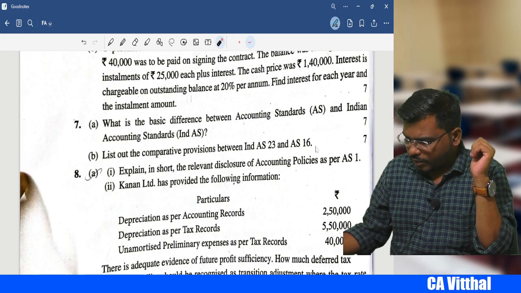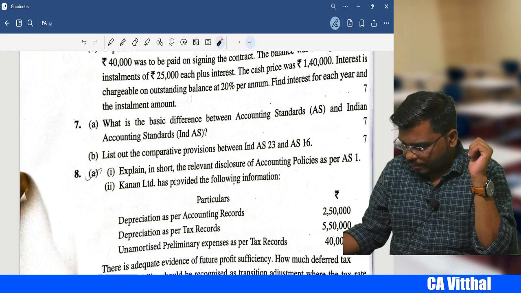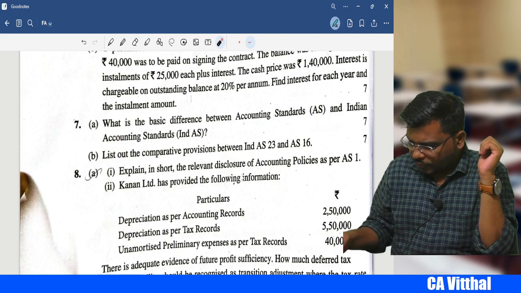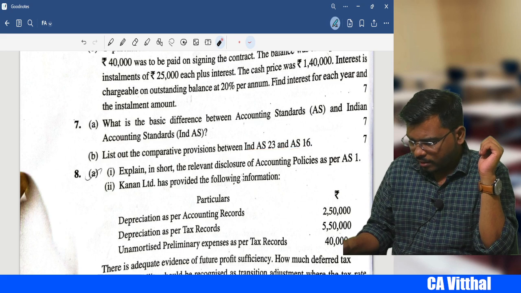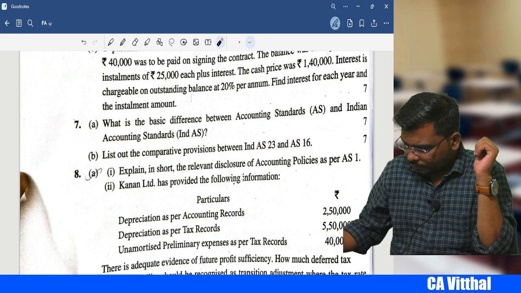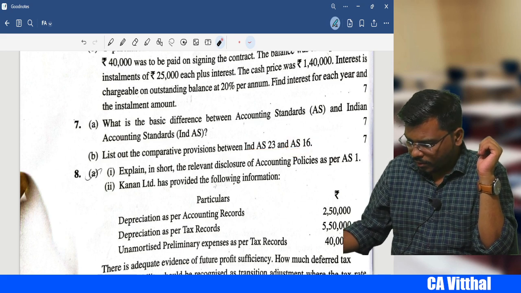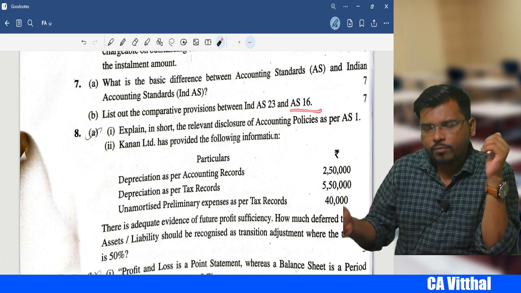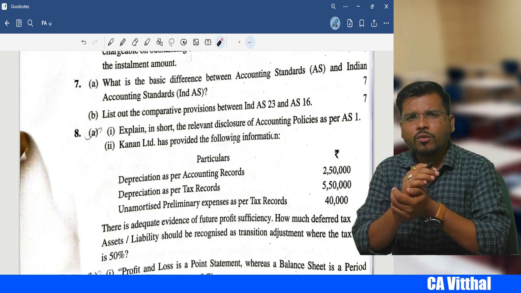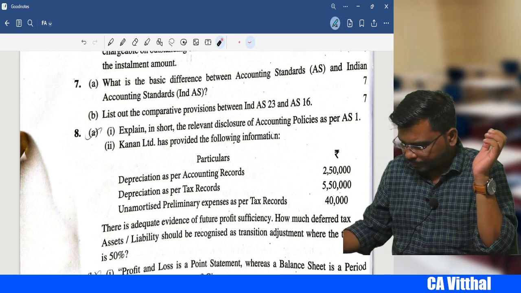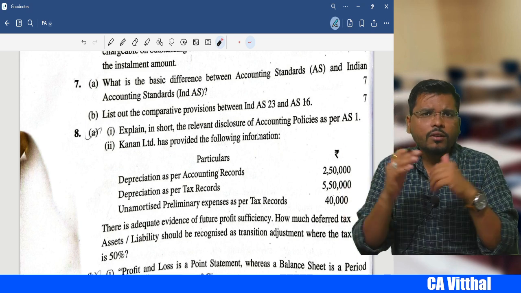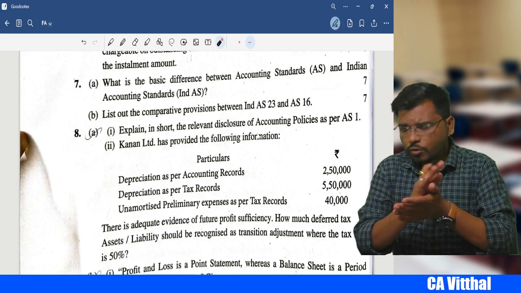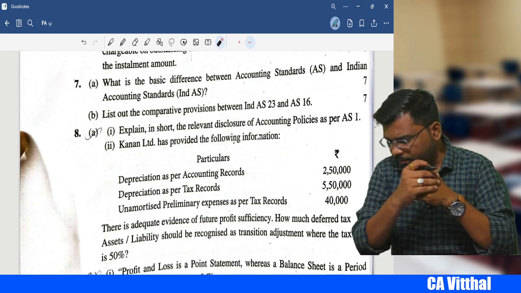This is a difference between accounting standard and Ind AS. List differences between Ind AS 23 and AS 16, right? AS 16 I have discussed with you. If you know only AS 16, you might have written it and you may get 1 or 2 marks, don't worry. But if you are my regular batch students, you might have known all these things, right?